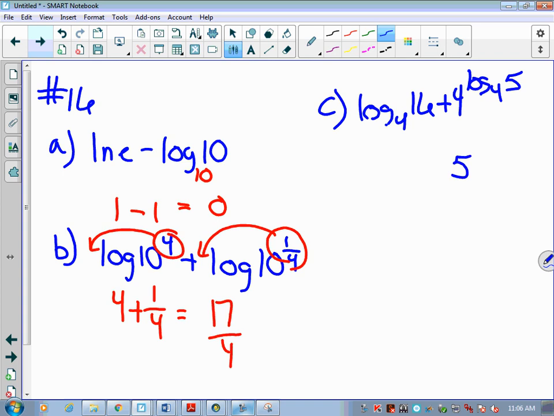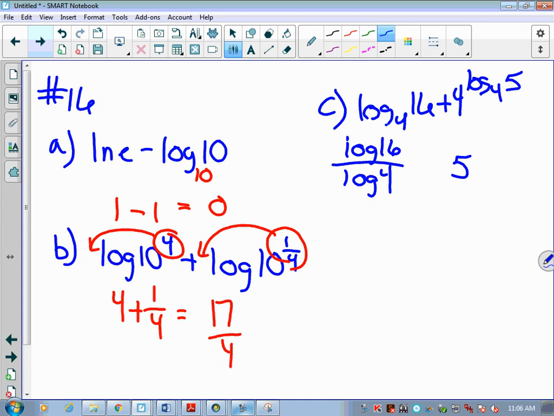Okay, so log base 4 of 16 would be log 16 divided by log 4. I'm curious on this. So log 16 over log 4 should be equal to 2.